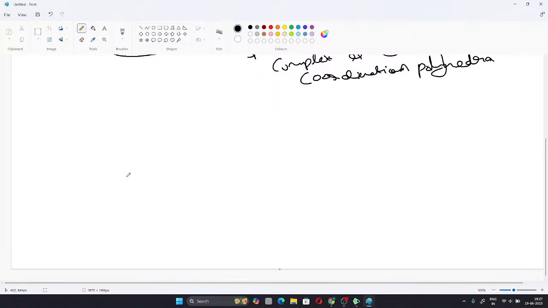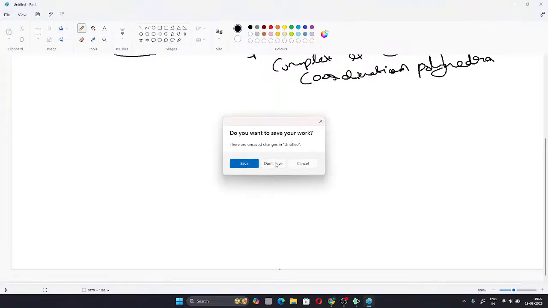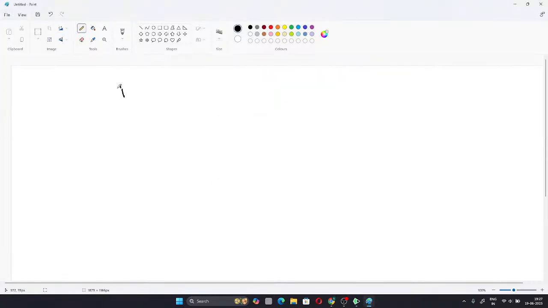What we should remember here is the importance in that paragraph. First, the names and formulas of the double salts.